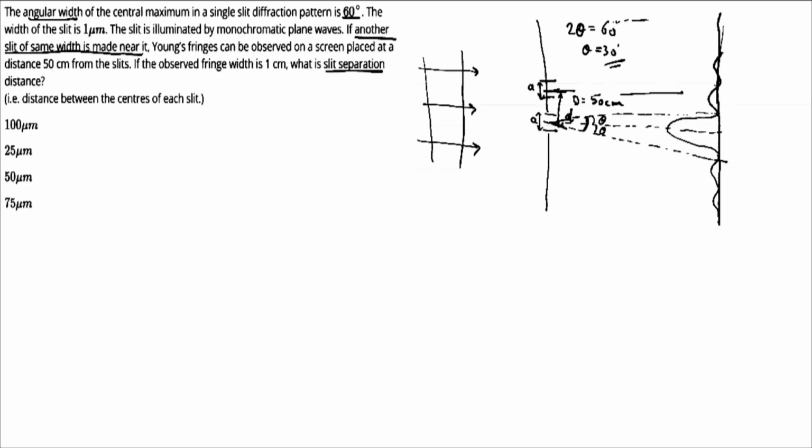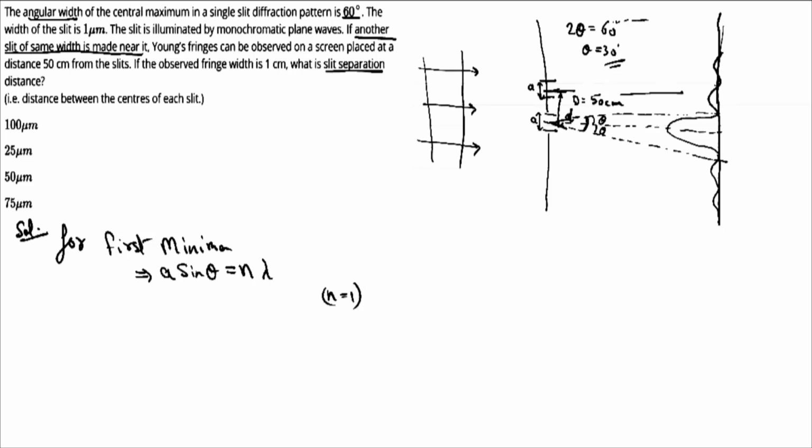For the first minima we have the formula: the width of the slit A into sine theta equals n into lambda, where n is the number of the minima. We take n as 1 because it is for the first minima.